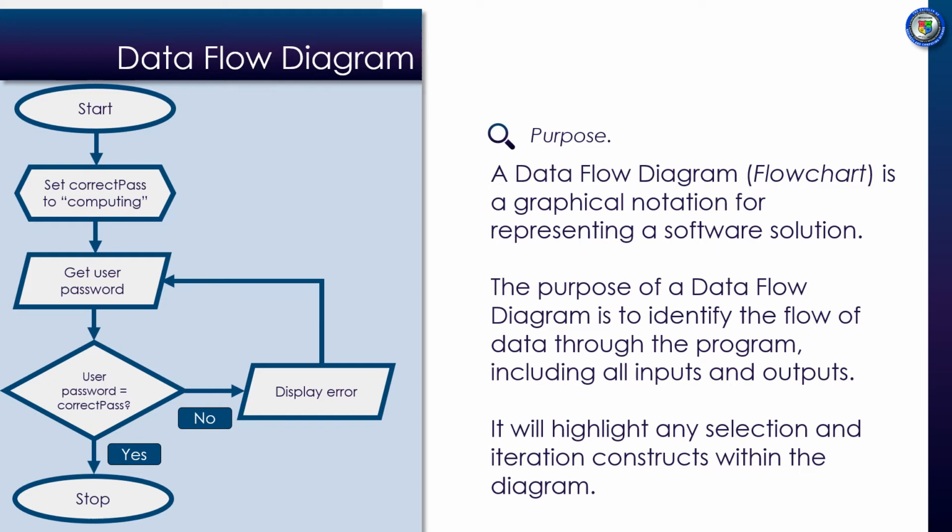We have our terminal, which is start. This will begin the program. We then have initialization of our variable, where we set the variable correct pass to computing. We then move forward to our input, where we get the user password.